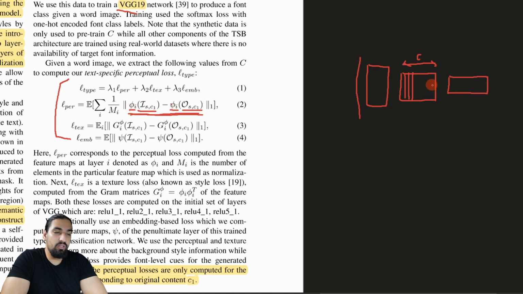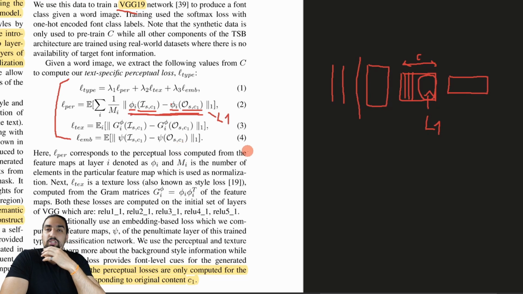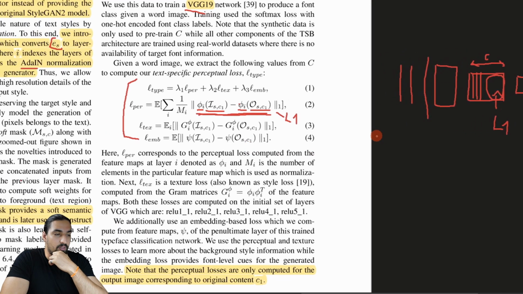So we maybe take a certain subset of feature maps here, and we make sure that those are really similar, looking at the L1 norm. So you take the generated image and the ground truth image, and you want to make sure that the features are really close, where closeness is defined by L1. That's the content loss in the neural style transfer literature.